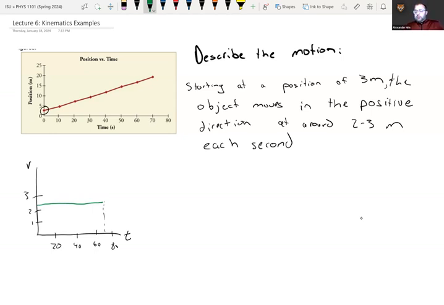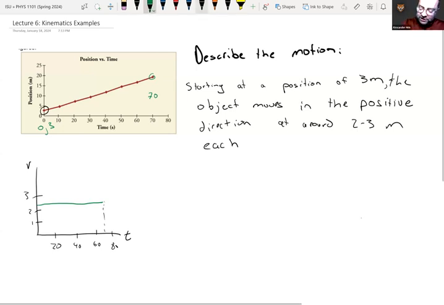As a reminder, what we're doing is finding roughly what this slope is, and you could pick any 2 points on this graph. It might be easiest to take the first one and the last one. The first was 0, 3, I believe I said, and the last one looks like 70. Oh, this is not each second.